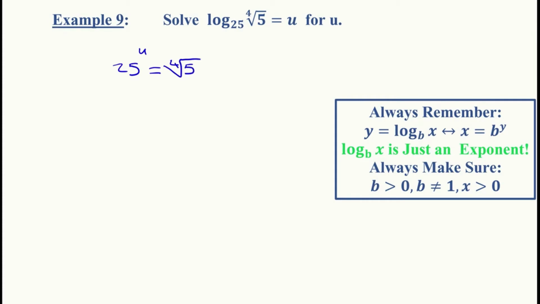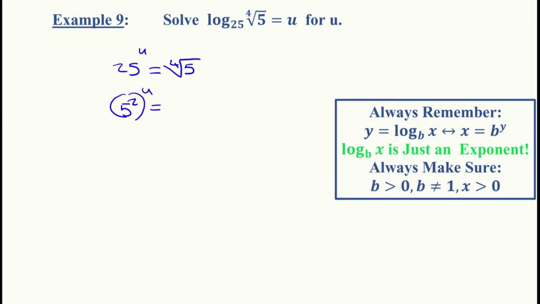All right, so this is actually more practice like the items we did in the previous set. So we want to go ahead and write both sides as the power of the same base. It looks like 5 is going to work for us. So we'll write the 25 as 5 squared.